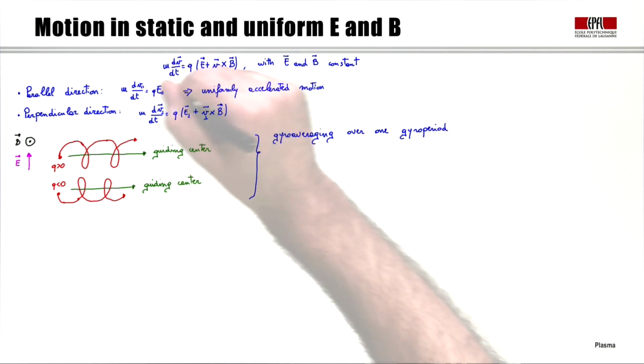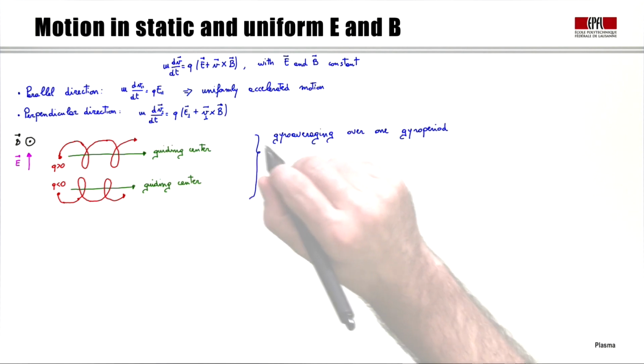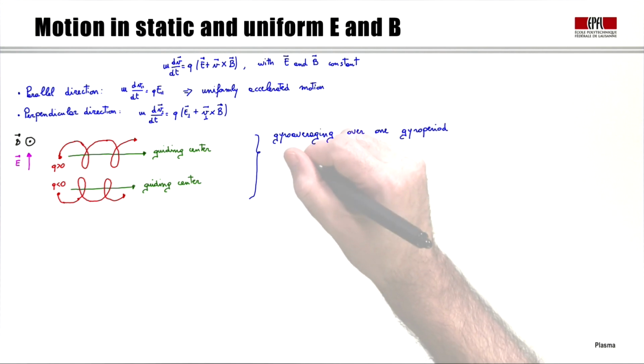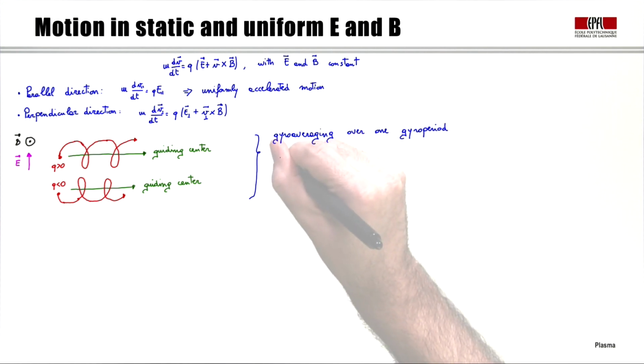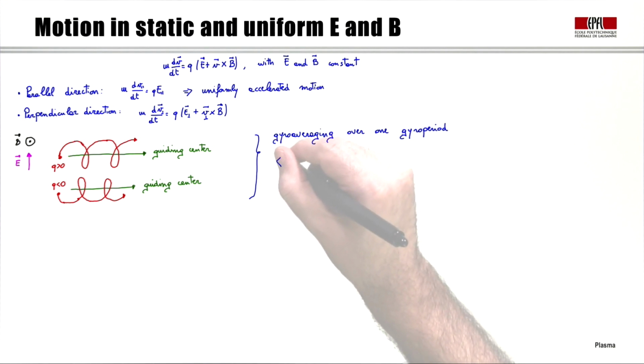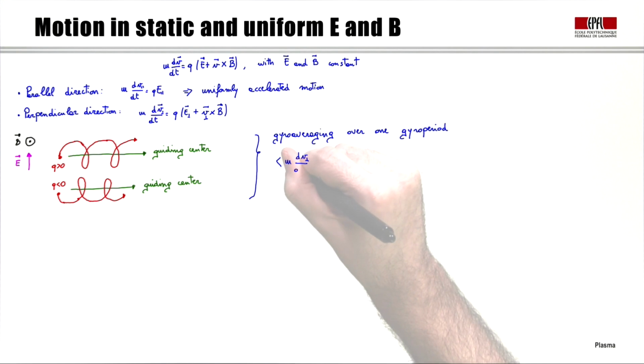So we have to take this equation here for the perpendicular velocity and average over one gyro period. The averaging I will denote with these brackets, and therefore what we will have to evaluate is m dv perp over dt.